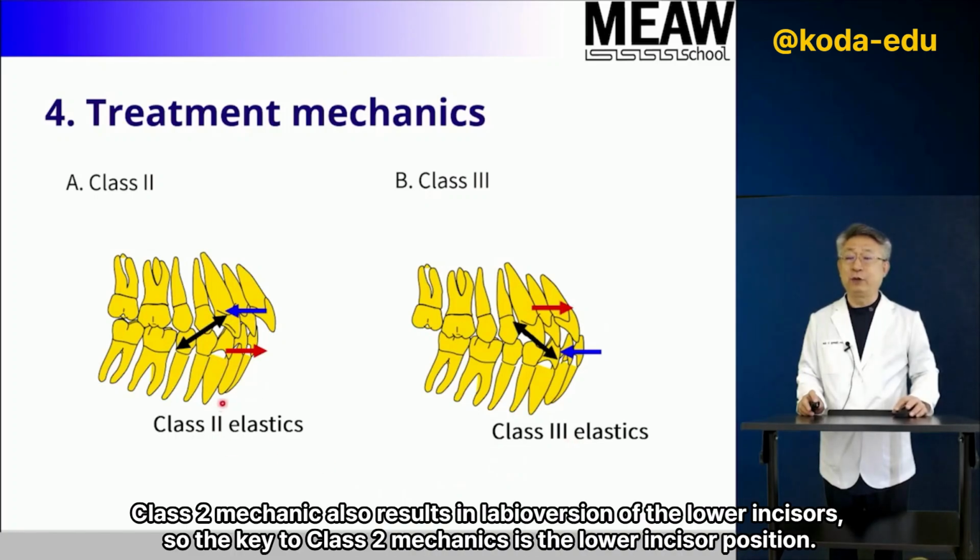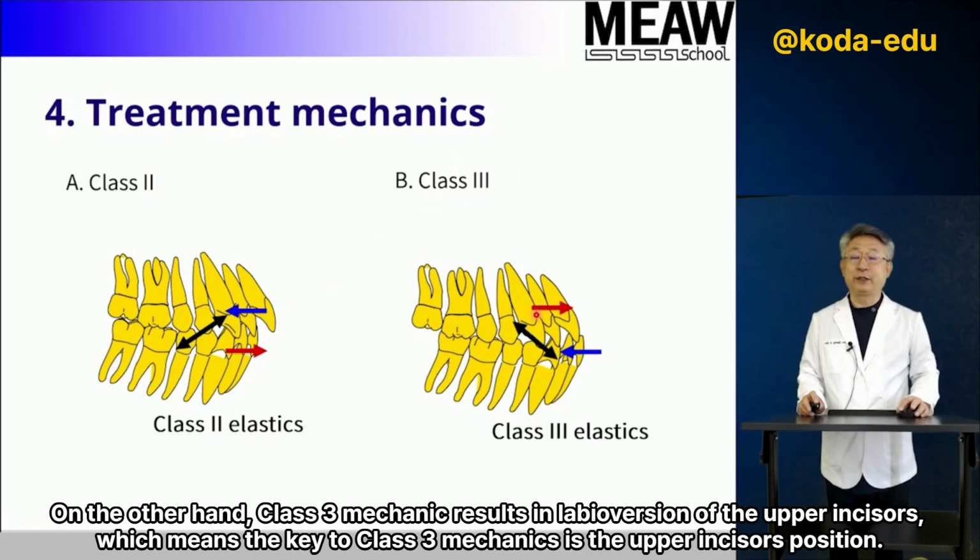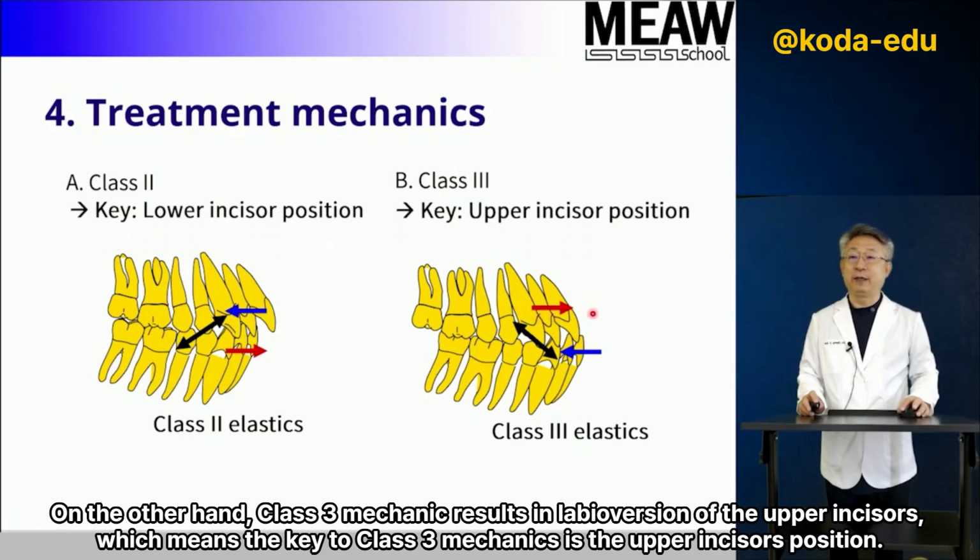Class 2 mechanics also result in labioversion of the lower incisors. So the key to Class 2 mechanics is the lower incisor position. On the other hand, Class 3 mechanics result in labioversion of the upper incisors, which means the key to Class 3 mechanics is the upper incisor position.